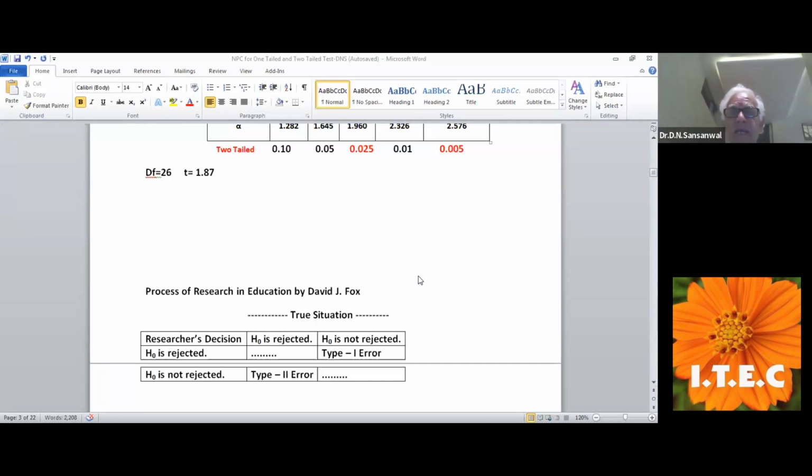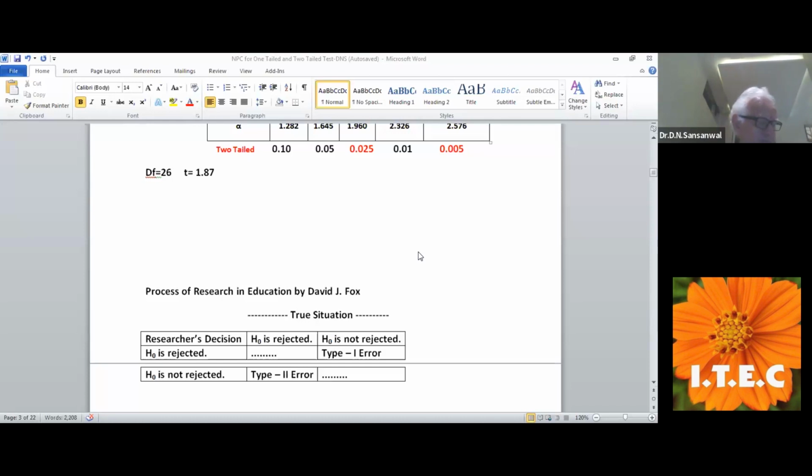Gaurav, do you want the error increased or decreased? Increase. When error is increased, that means from 5% to 10% to 20%, which type of error is being committed, type 1 or type 2?